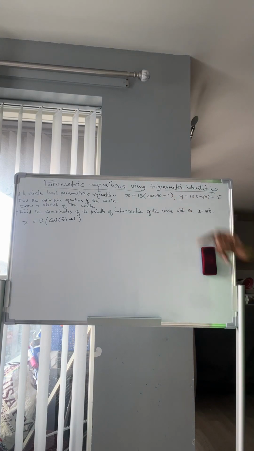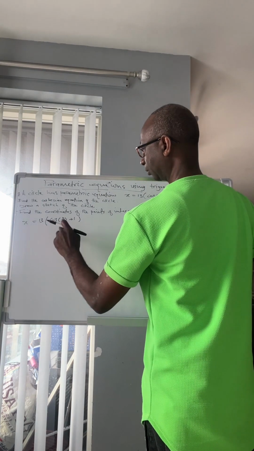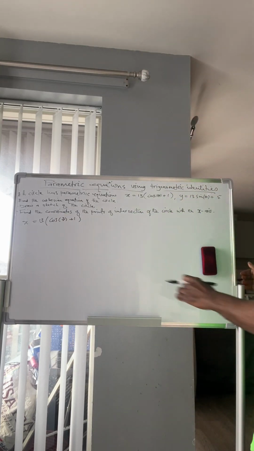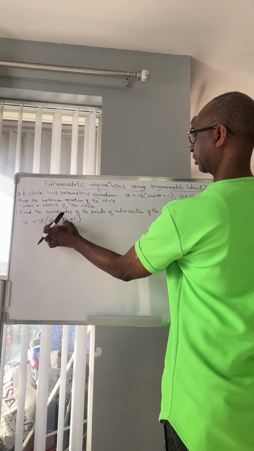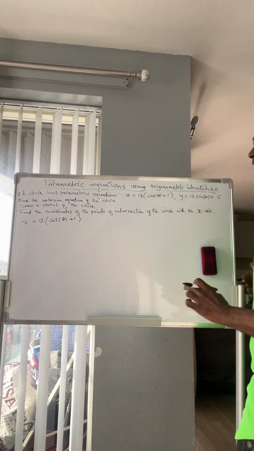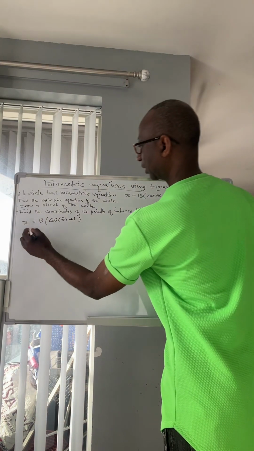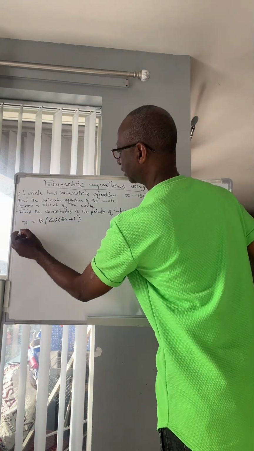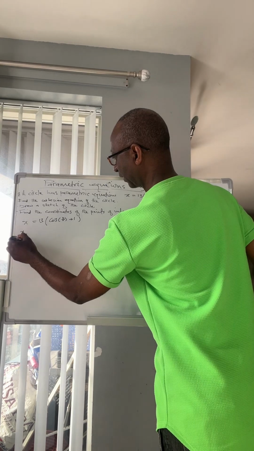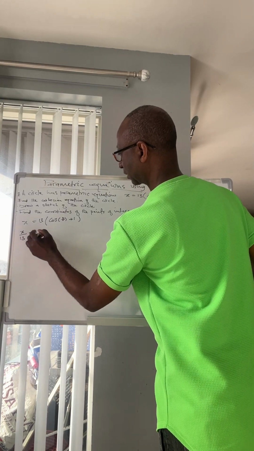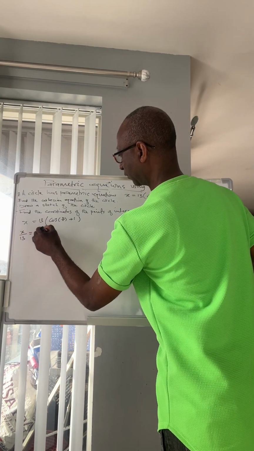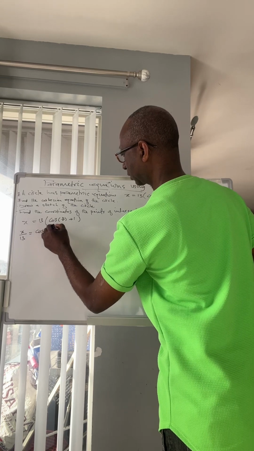We are looking at the x components. We want to make cos of theta the subject of the formula, so we divide by 13. Therefore x divided by 13 equals the cosine of theta plus 1.